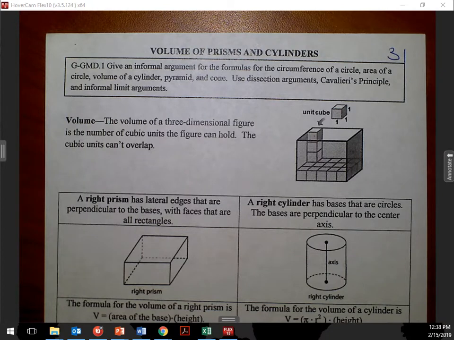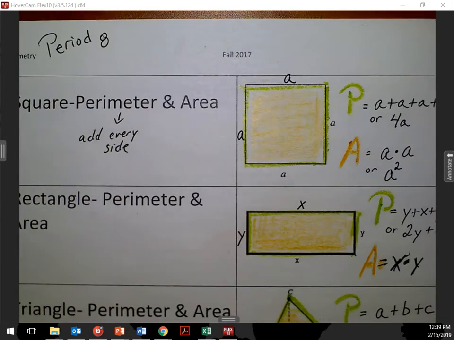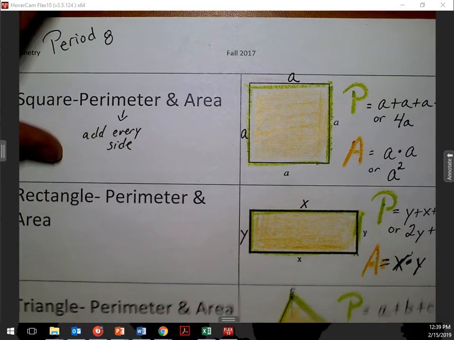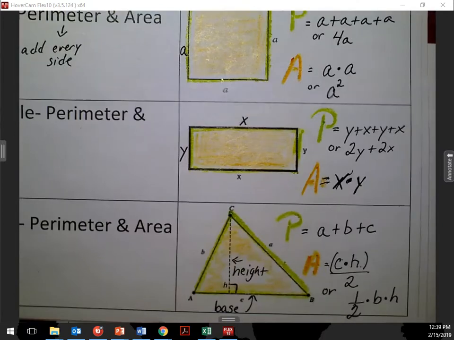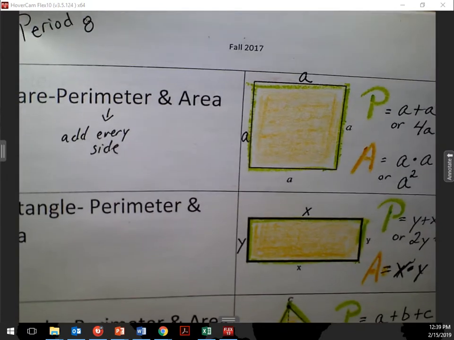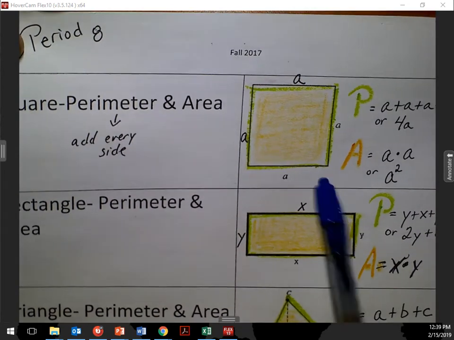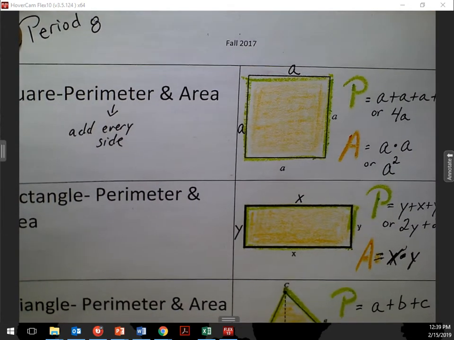All right, so I mentioned this before. This is your handy dandy notebook. These are the notes with all your formulas. If you don't have the formulas because you weren't here that day, you can go back in the notes and get the ones that you missed.